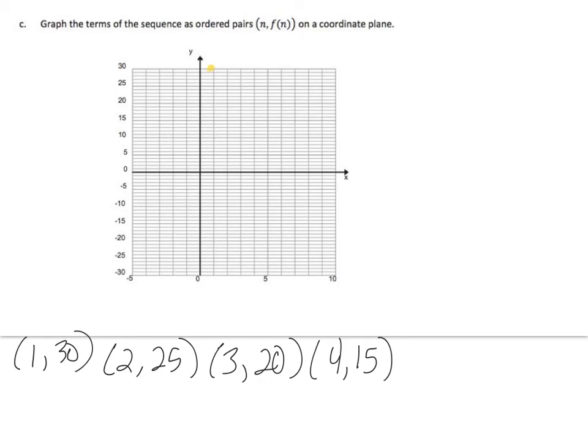This one's going to be a little rough. 2, 25. 3, 20. Oh, I made a mistake already. 2, 25, 3, 20, 4, 15, and we could keep going, right? Those are all the ones that I have to. And what do we notice? The pattern is again linear.